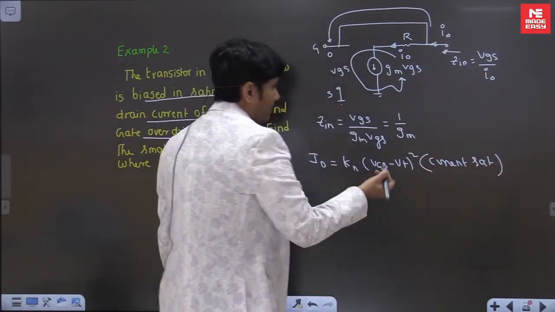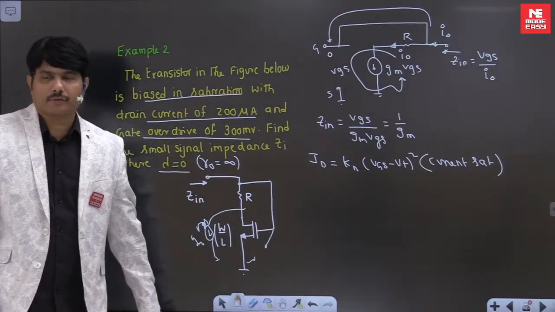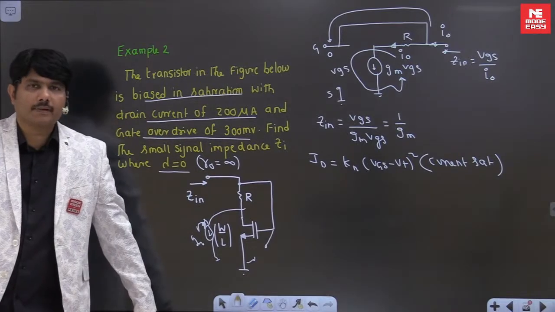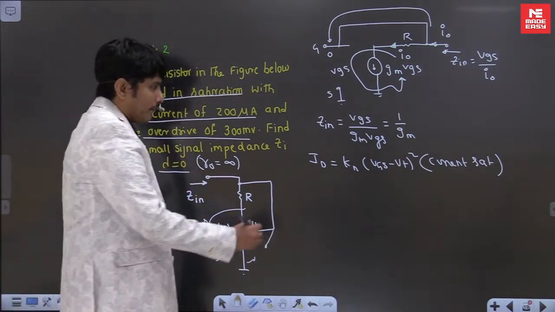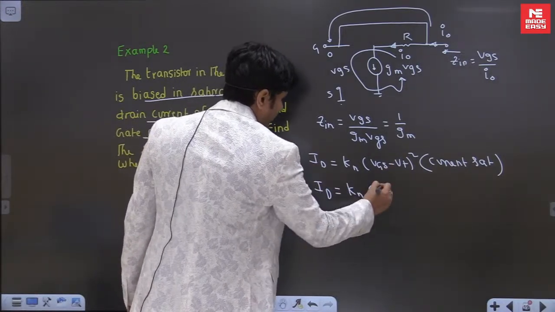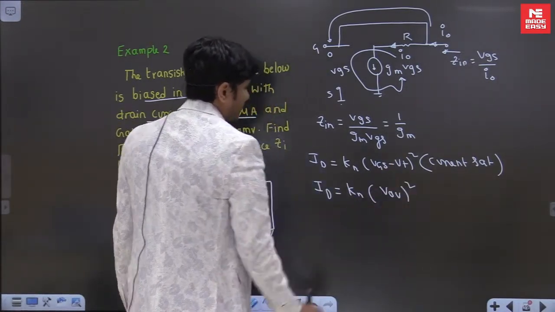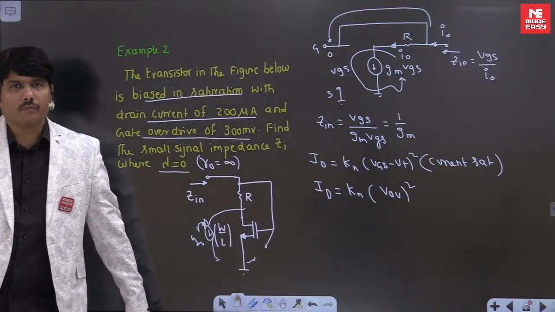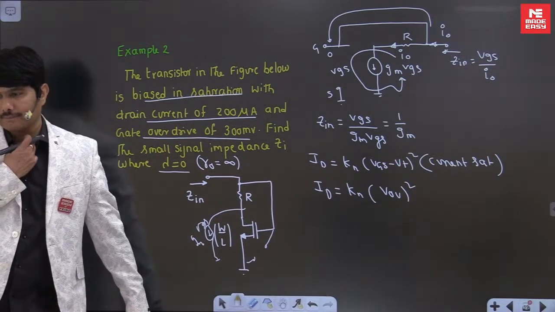Most of the times they will do these equations. We can also write ID as Kn into (VGS minus VT) overdrive voltage square. VGS minus VT we can call it as VOV, which is called overdrive voltage for the MOSFET.